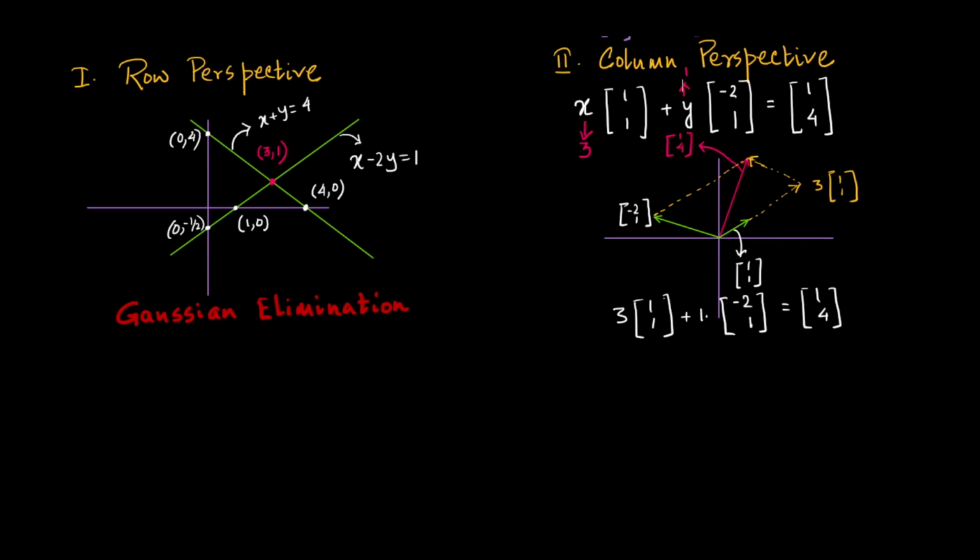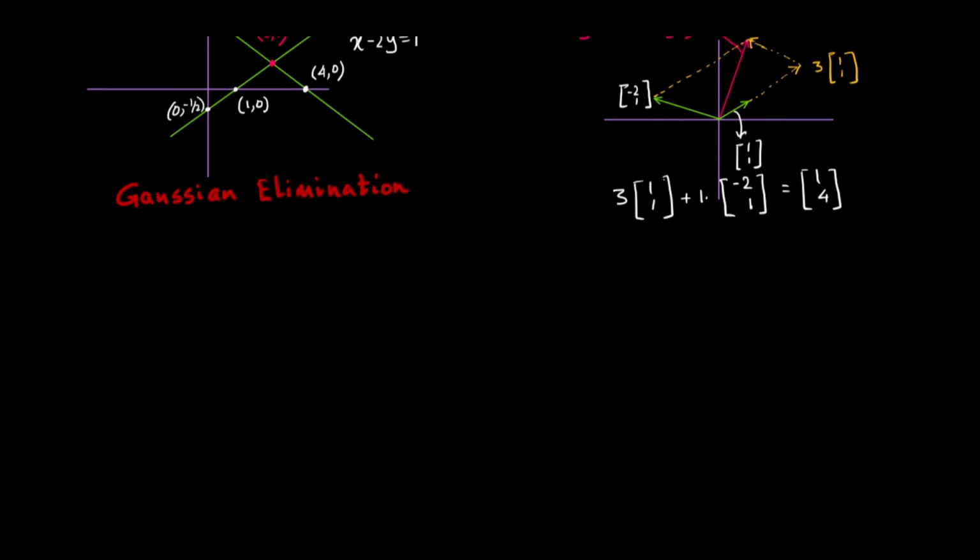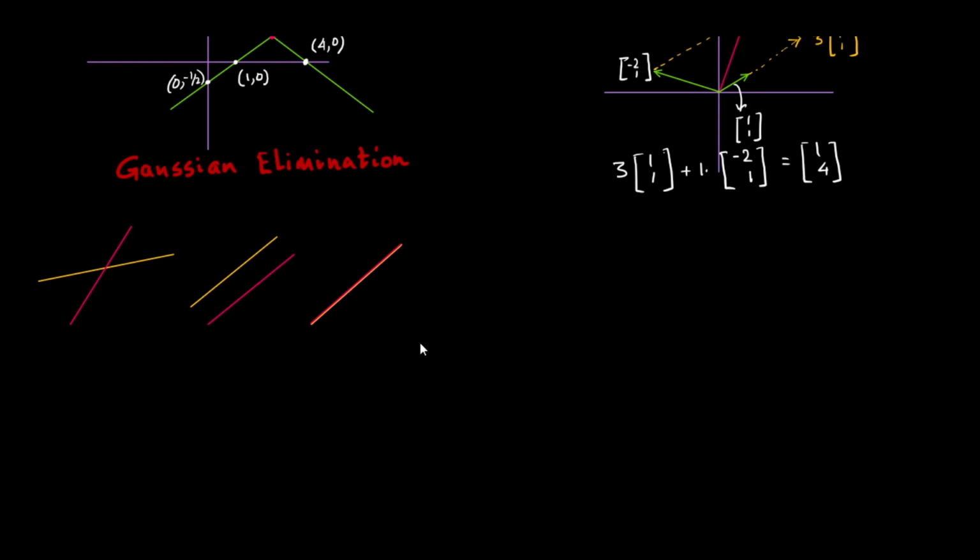But depending on the equations in the two unknowns, 3 cases can occur. The first case is like the case we discussed just now, when the two straight lines intersect at exactly one point, and that results in a unique solution of the system.